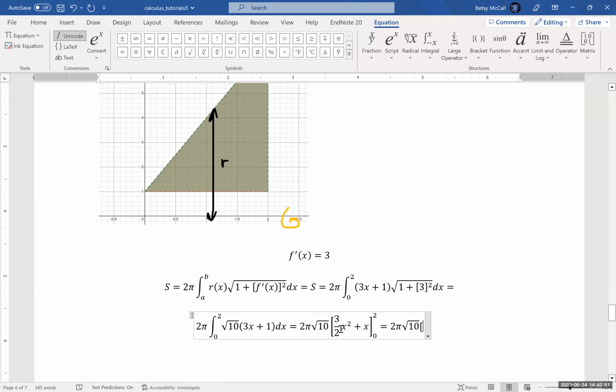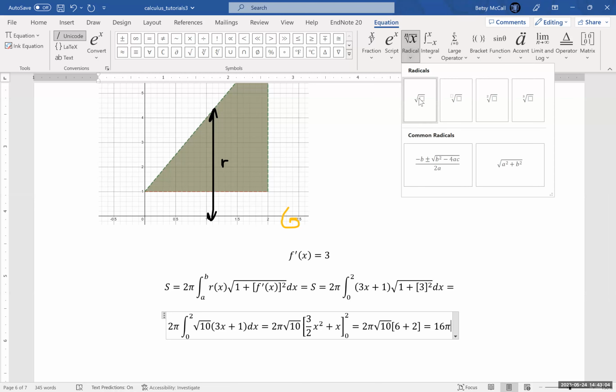Divided by 2 is 2, we have 6 plus 2, and everything else is 0. So we end up with basically 16 pi square root of 10.